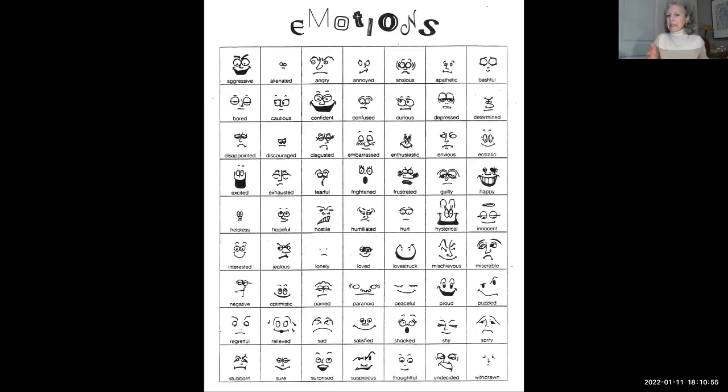But when we go through this, oftentimes we notice that we're feeling maybe 2, 3, sometimes 5, 7. And that's totally, totally normative, right? So I'm going to ask you now to pick the one emotion that maybe was the most prevalent.